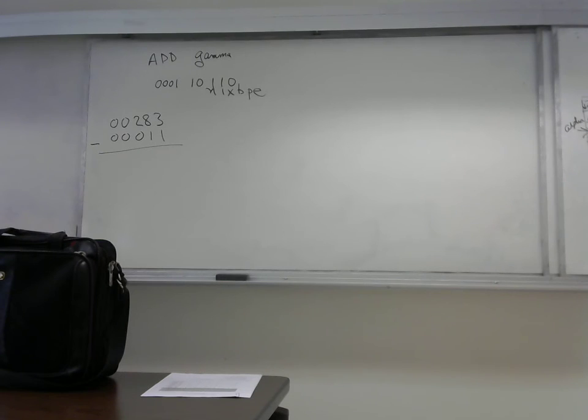Can we say what the distance is from the instruction add gamma to gamma? How far forward is it? Well, the address of gamma is 283. So if I subtract E, that's the distance from that statement to gamma.